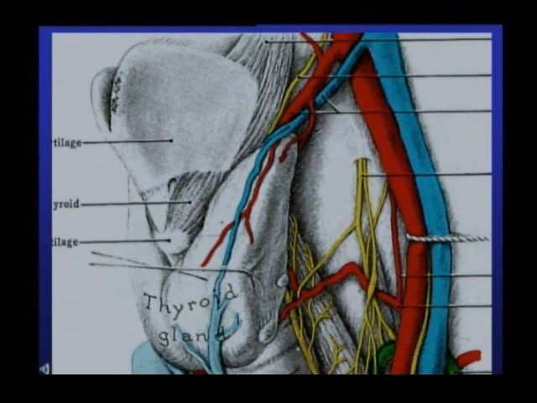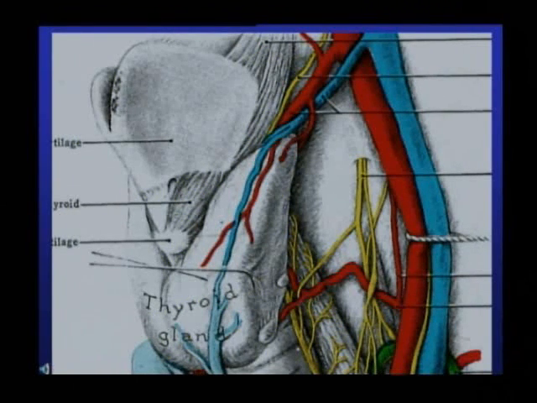Malignant neoplasms constitute such a threat. However, benign nodules do not. But how is a clinician to tell the difference? Consider the consequences. Removal of a benign nodule could result in iatrogenic hypothyroidism. Failure to remove a malignant neoplasm could result in cancer-related death.